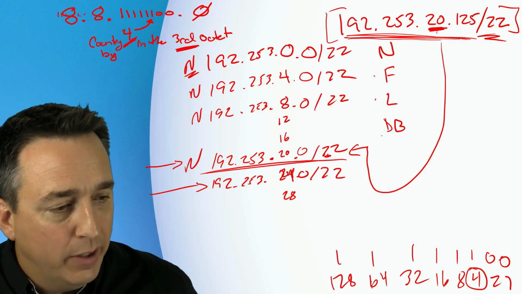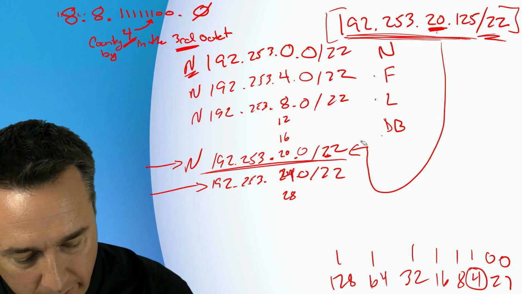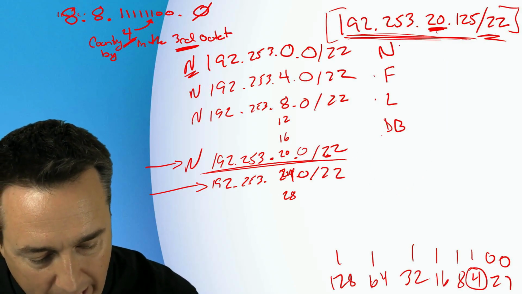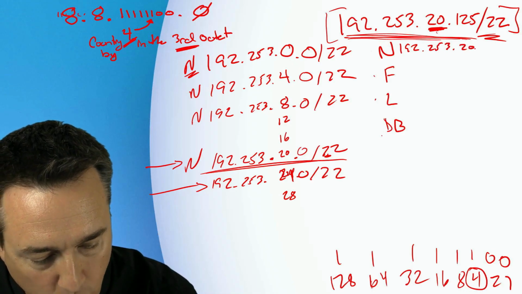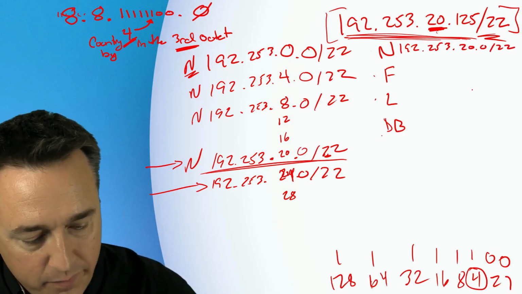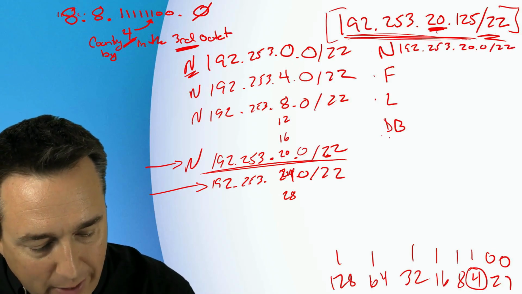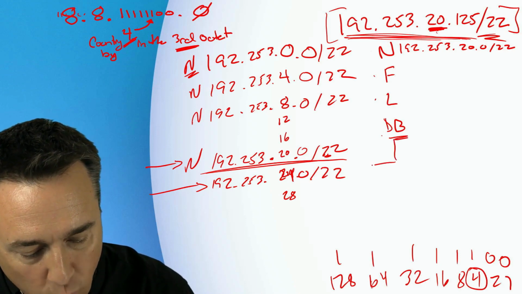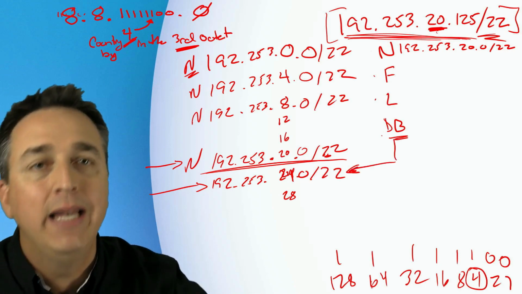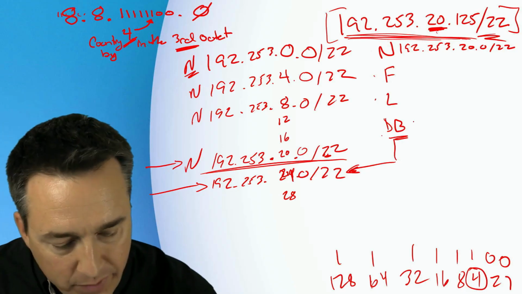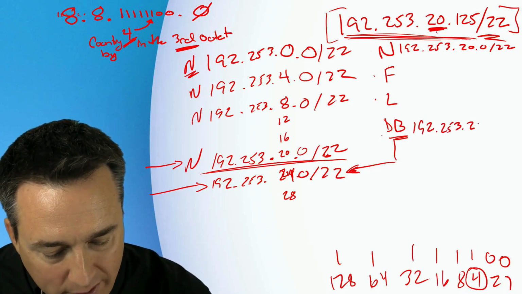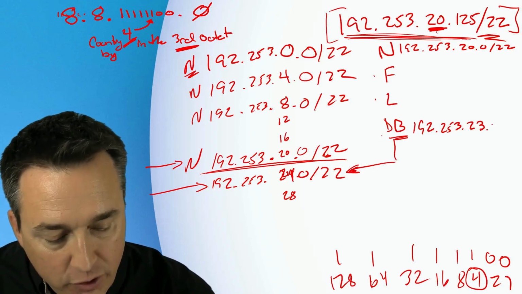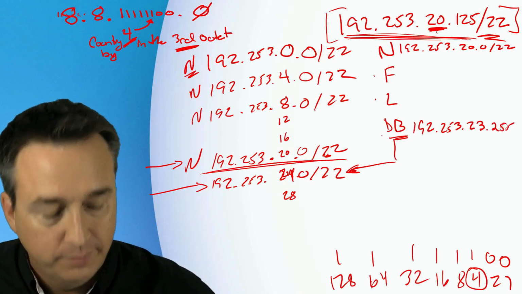Right? So now in this case, what do we want to do? We want to figure out everything else. So my network is 192.253.20.0/22. What's the directed broadcast address? Well, it's going to be one less than that one. So it's going to be 192.253.23.255.